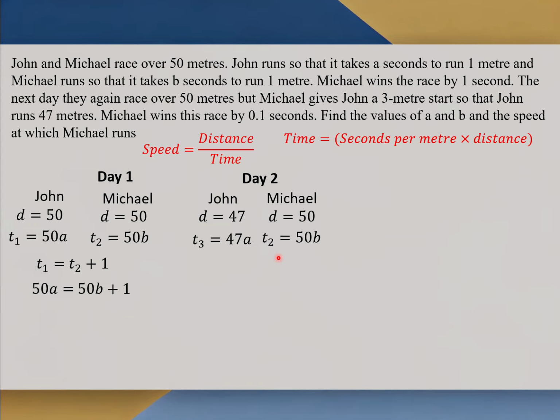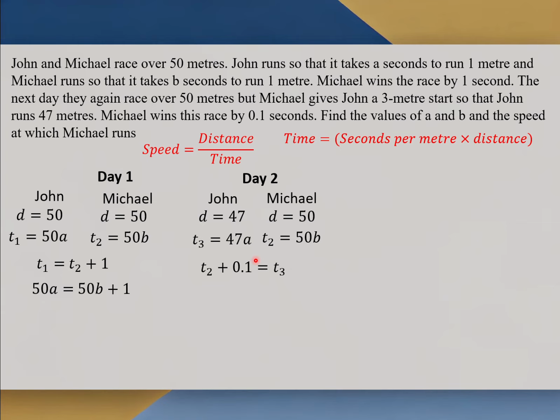The next part, I'm going to make this into another formula because, if we read that second last sentence, it says Michael wins this race by 0.1. So if Michael wins the race by 0.1, John's time would be 0.1 plus Michael's time.